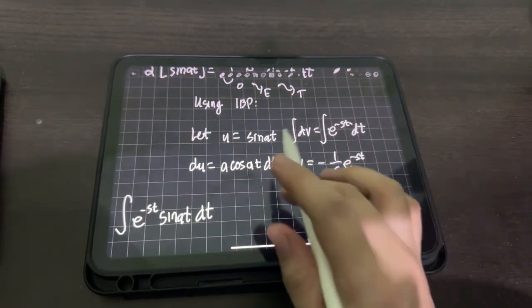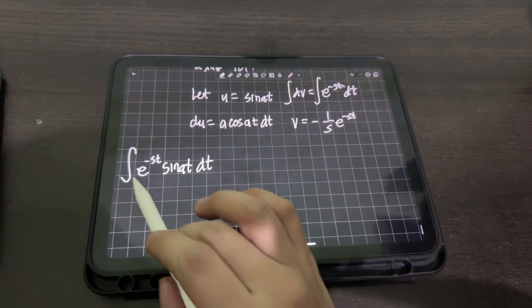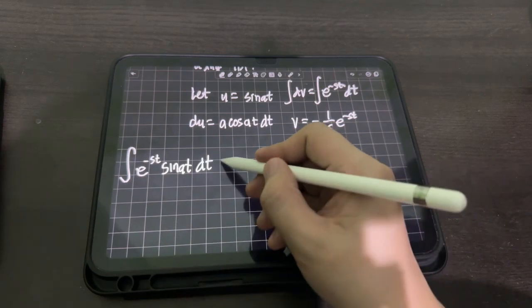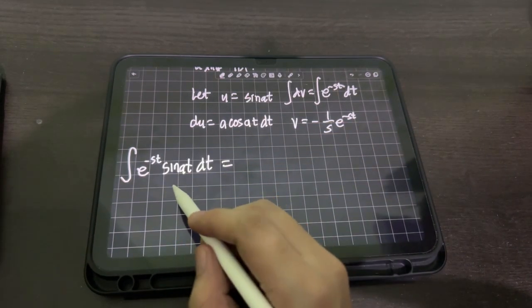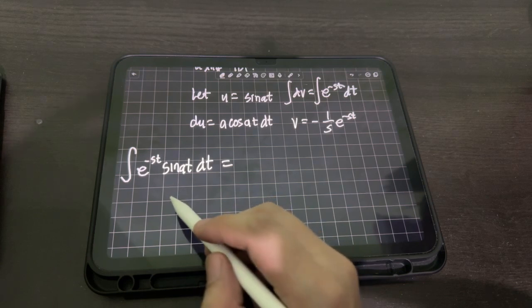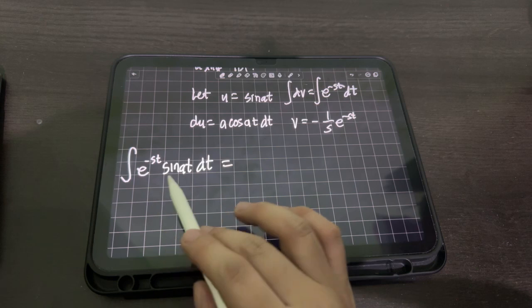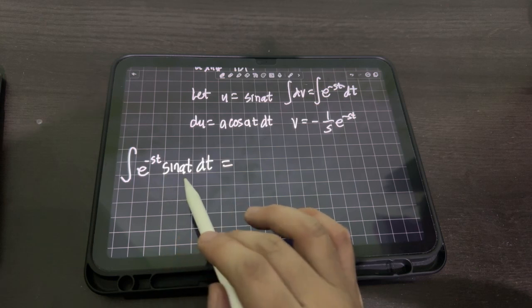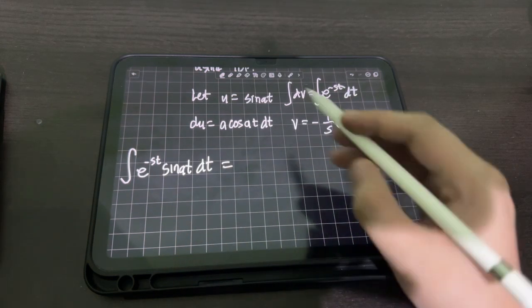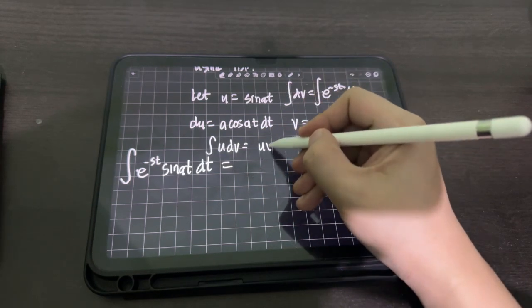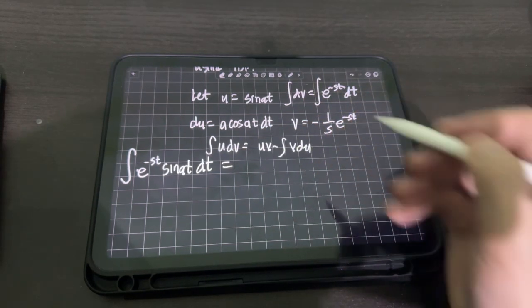So applying the integration by parts formula, we have the integral of e to the negative st sine at dt. Let's remove the limits first, so let's evaluate the indefinite integral. Then after we have obtained the final indefinite integral, we'll put the lower and upper limits. So the integral of u dv is equal to uv minus the integral of v du.